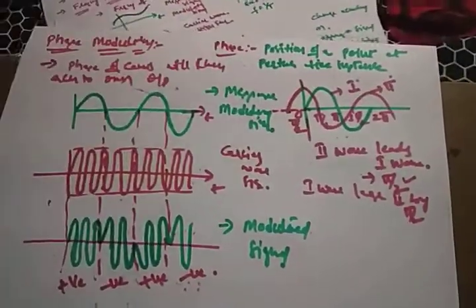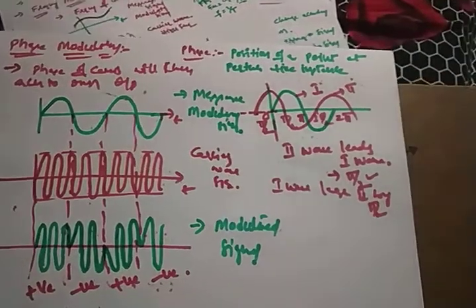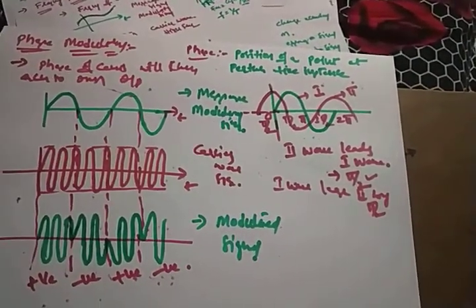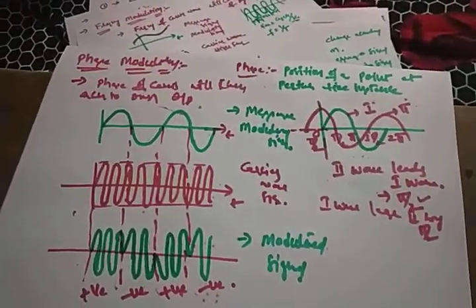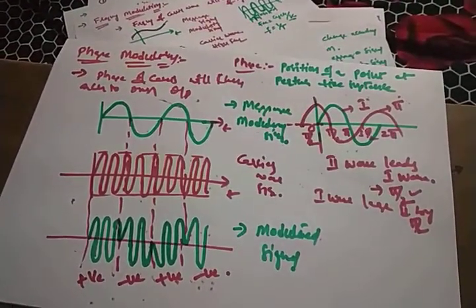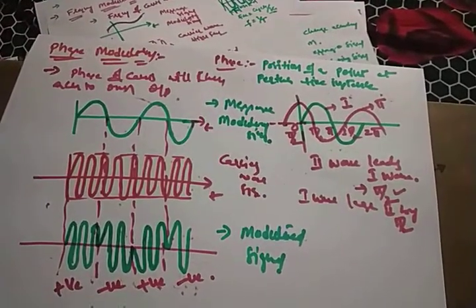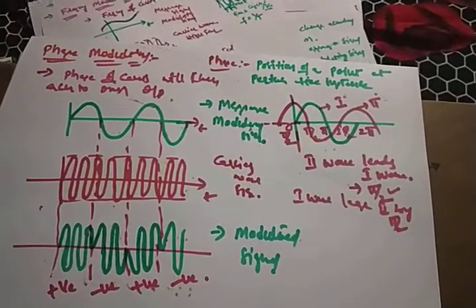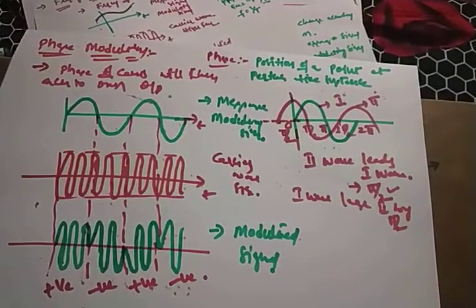So in this session we discussed three modulation techniques: amplitude modulation, phase modulation, and frequency modulation. What is amplitude modulation? When you compare a low frequency signal with a high frequency signal, the amplitude of my carrier signal changes in accordance with my input signal.